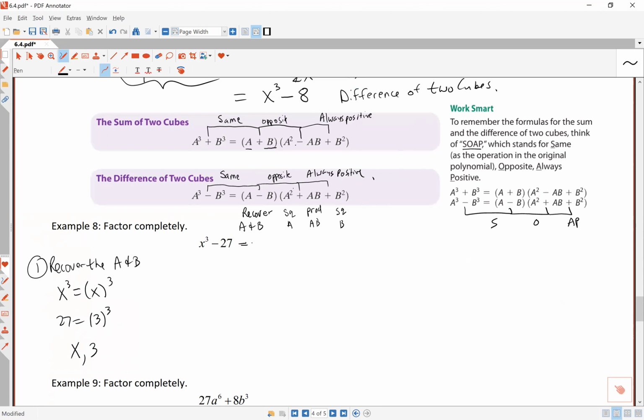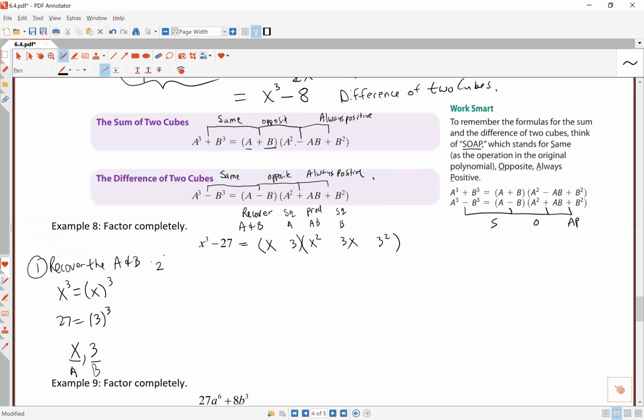We write them in there as recovered, x and 3. And then we square the first piece. That's our a. We take the product of the a and the b. That's 3x. And then we square the b, which is 3 squared.